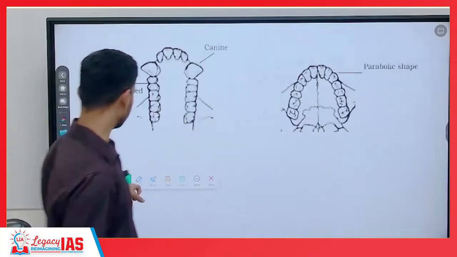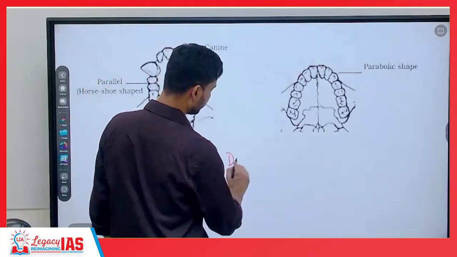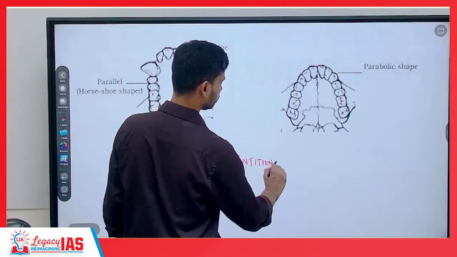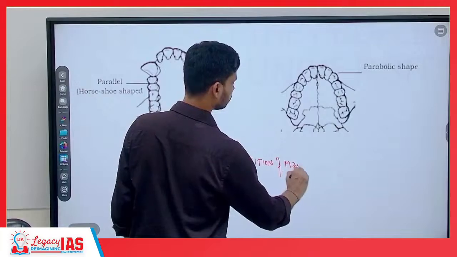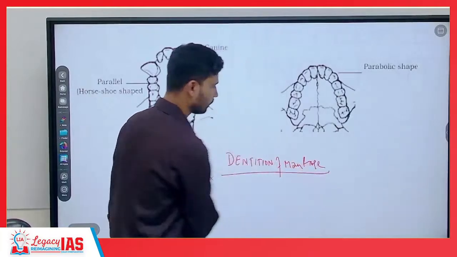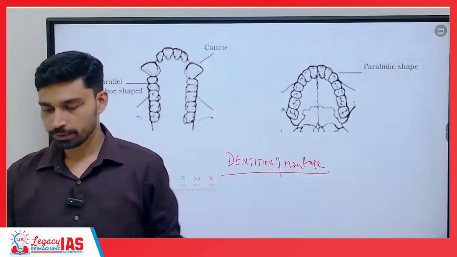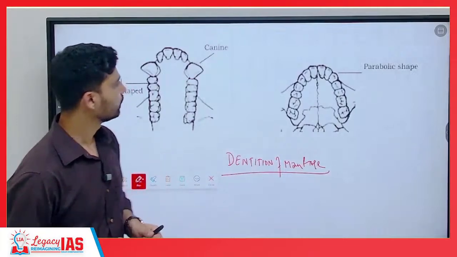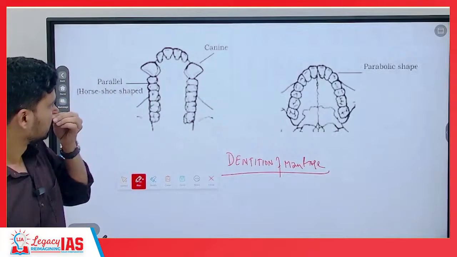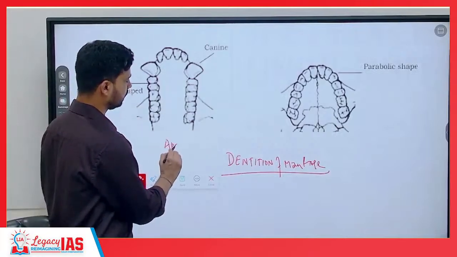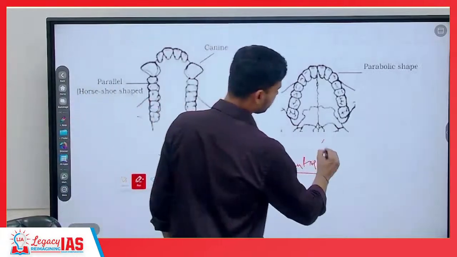So we can compare the dentition of man and ape. This is the ape's dental pattern, and this is the human.